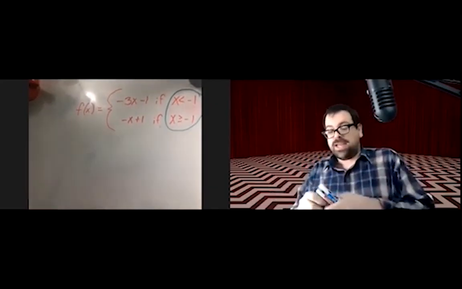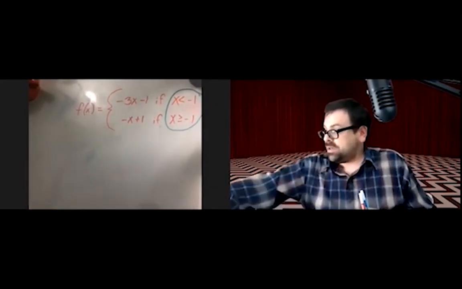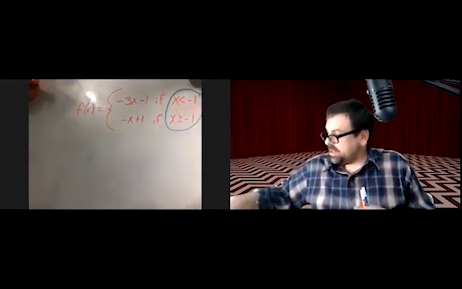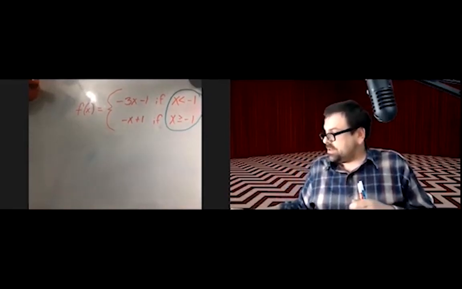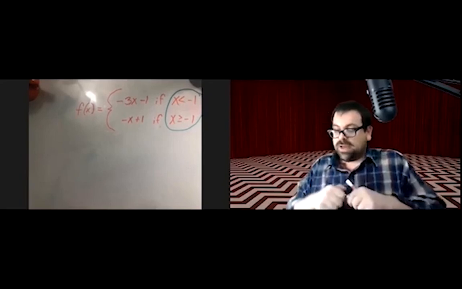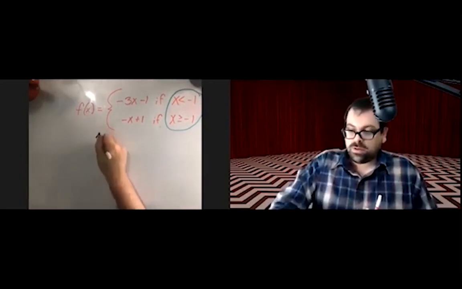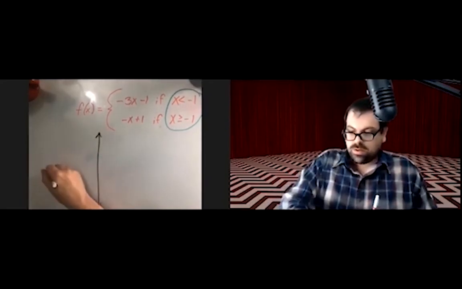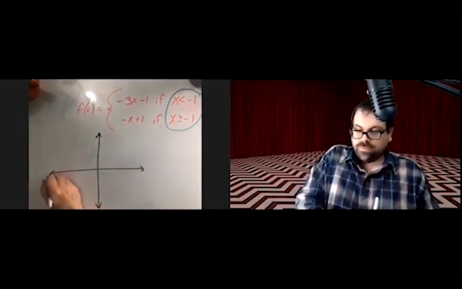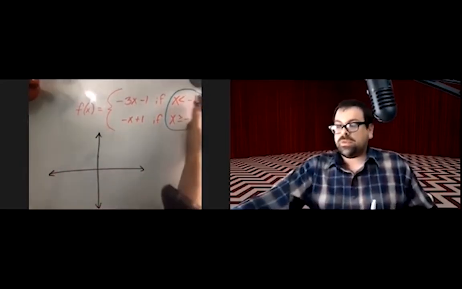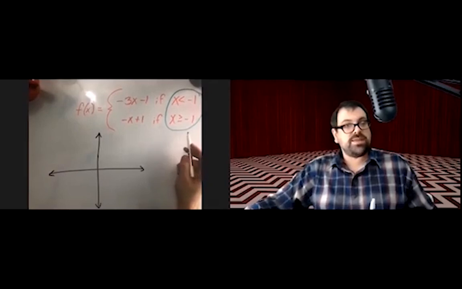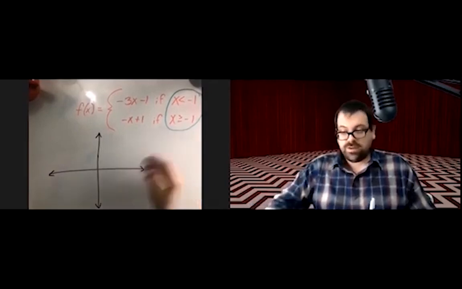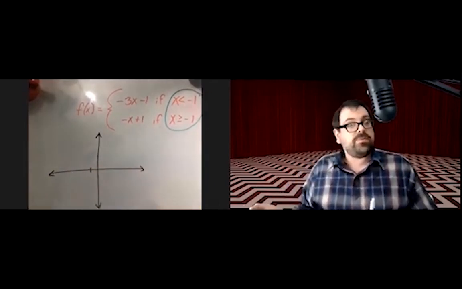So how would I do this from scratch without thinking of it being two separate lines? Well, I make it all about the partition points. In this case, we only have one at negative 1.